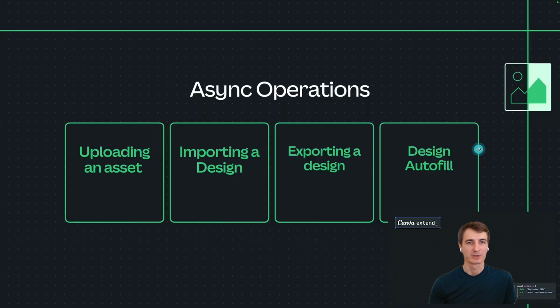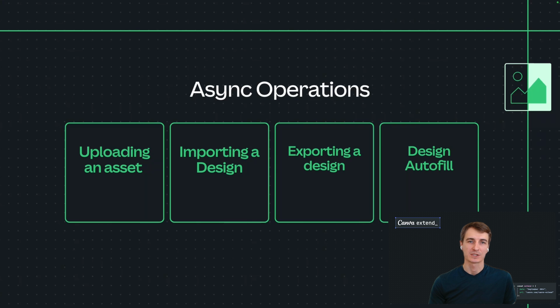Our asynchronous operations are uploading an asset, importing a design, exporting a design, and performing a design autofill, where data is mapped into a brand template to generate a new design. For large designs, these operations could take multiple seconds or, in the extreme, even minutes to complete.